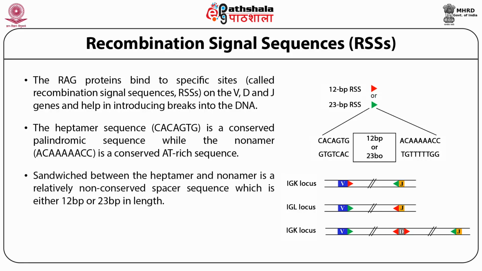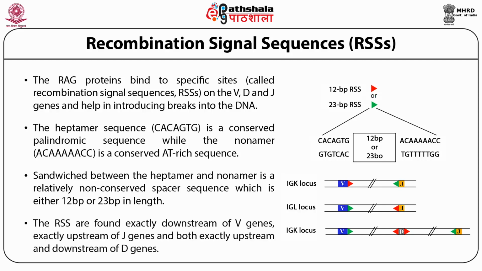Sandwiched between the heptamer and nonamer is a relatively non-conserved spacer sequence, which is either 12 base pair or 23 base pair in length. Corresponding to the length of their spacer, the RSS are called 12 base pair RSS or 23 base pair RSS. The RSS are found exactly downstream of V genes, exactly upstream of J genes, and both exactly upstream and downstream of D genes.